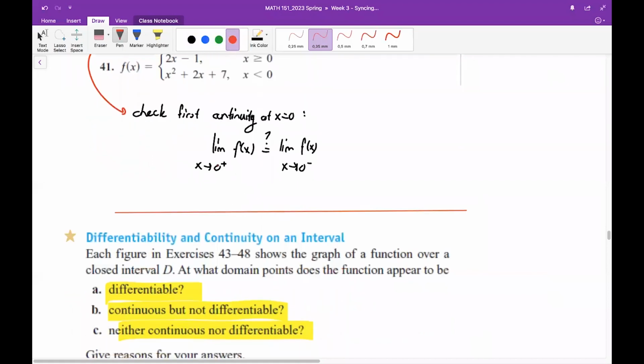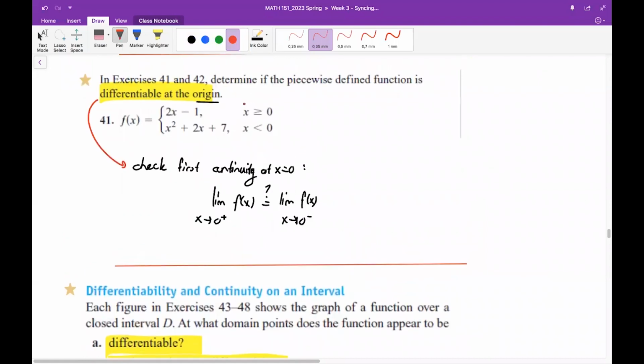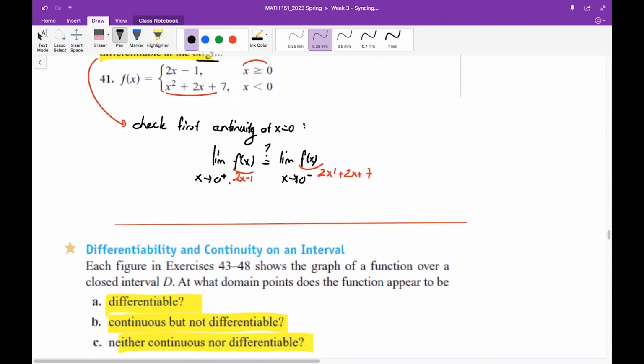If x approaches 0 from the right, so x is greater than 0, we need to use this definition. If x approaches 0 from the left, then x is less than 0, you need to use this definition, plus 2x plus 7. Okay, now we are ready to compute the limits. If x goes to 0, the limit on the left is minus 1. If x goes to 0, the limit on the right is what?